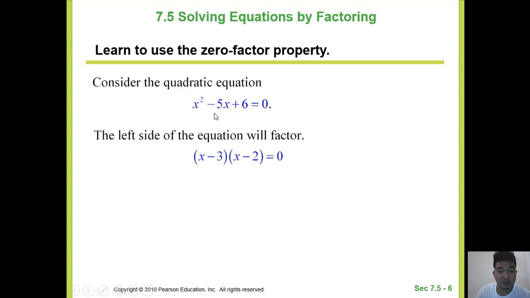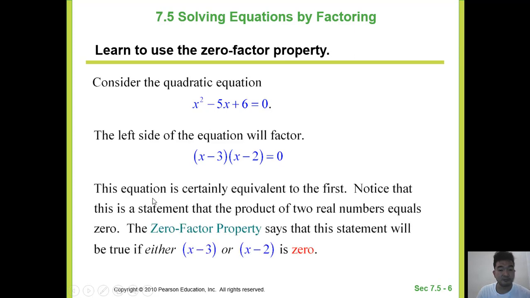We factor this quadratic equation, and the factors are x minus 3 and x minus 2, and that is still equal to 0. This equation is certainly equivalent to the first. Walang nagbago because we only factor this quadratic equation. We only express this equation into its factored form.